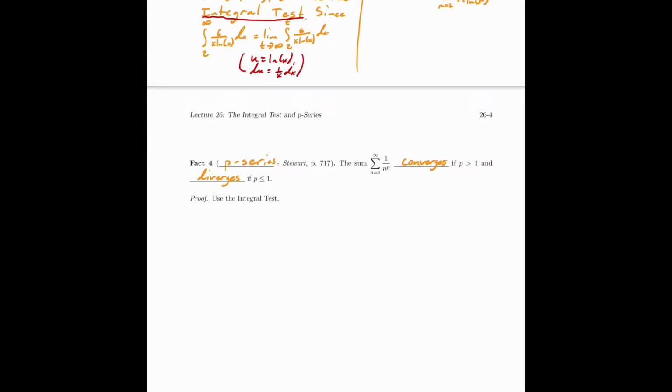There's going to be a special case for the integral of 1 over x, because that's ln of x, but we'll just keep that in mind. Consider the series from 1 to infinity of 1 over n to the p.